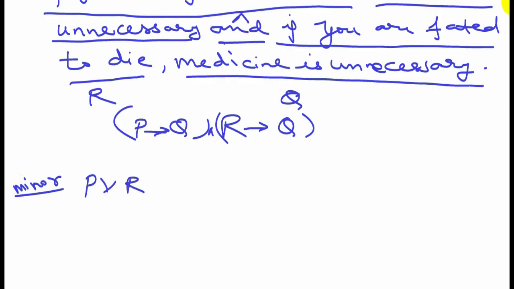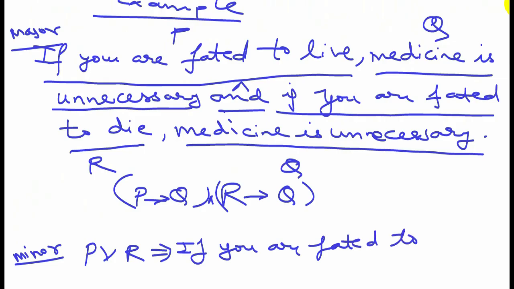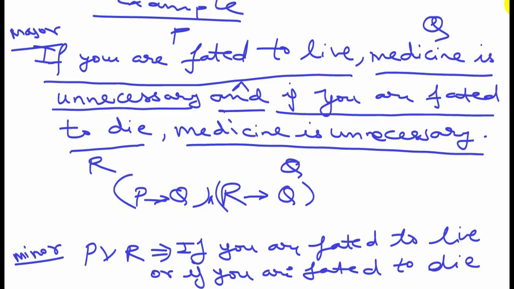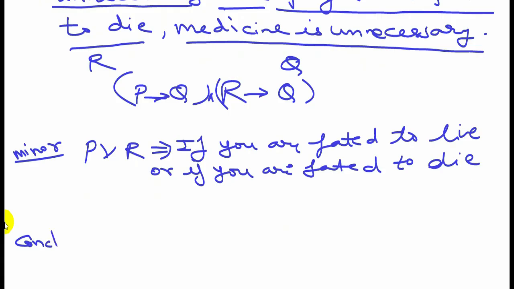P is if you are fated to live, or R, if you are fated to die. In both cases, the conclusion will be Q, which is medicine is unnecessary.